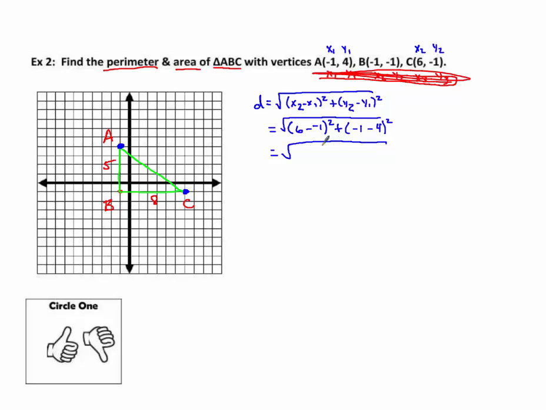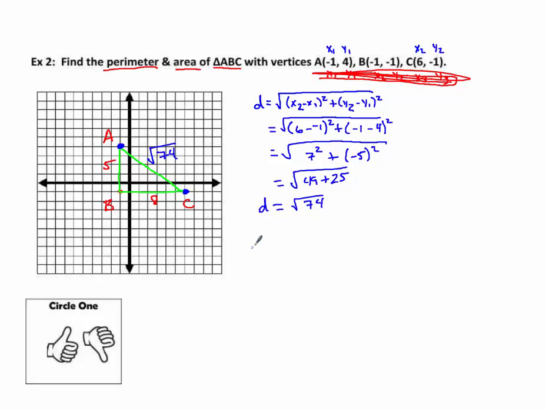So we just keep on going with this, and 6 minus -1 is 6 plus 1, so that's 7 squared, plus -1 minus 4 is -5 squared, so that's the square root of 49 plus 25, which is the square root of 74. So that's what our distance equaled. So we're going to go ahead and put that up here, that this is the square root of 74.